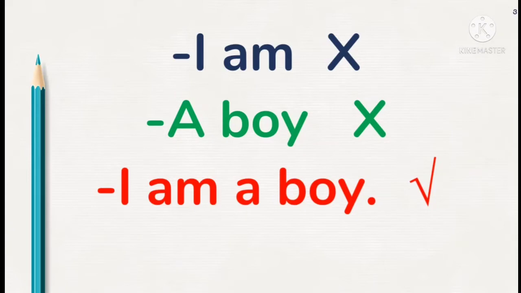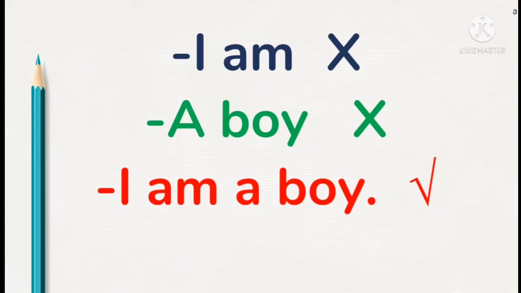That doesn't make sense. But if I join these two sentences together, it will become: I am a boy. Yes, this sounds better. Why? Because this is a complete sentence now. I am a boy. मैं एक लड़का हूँ.